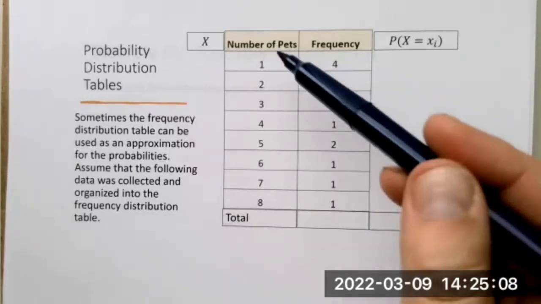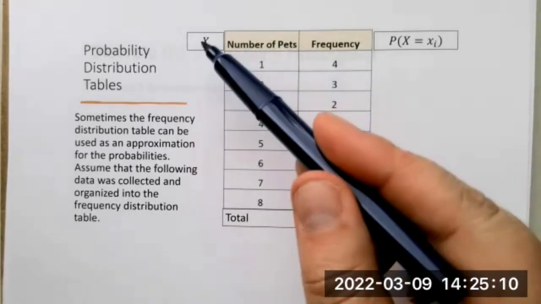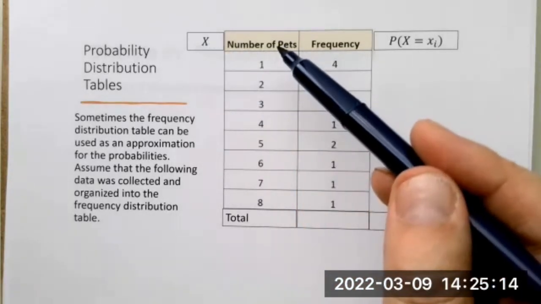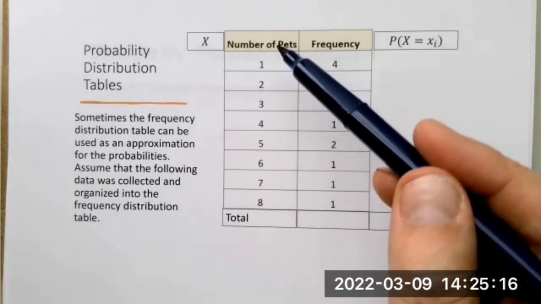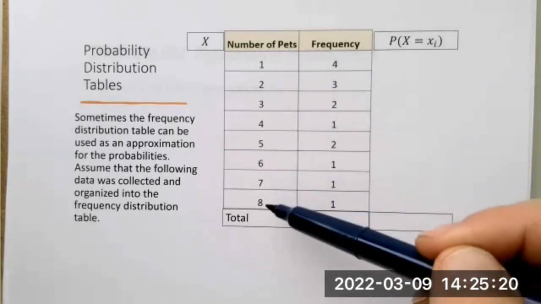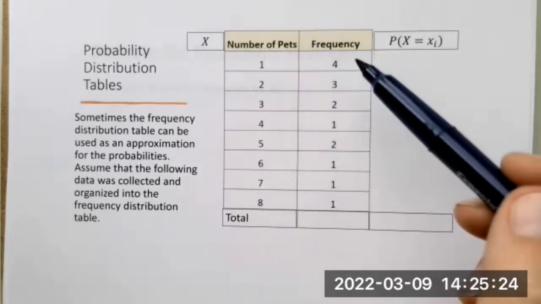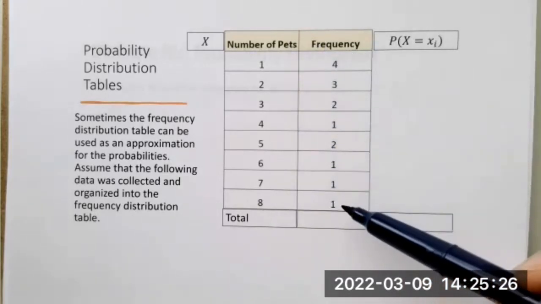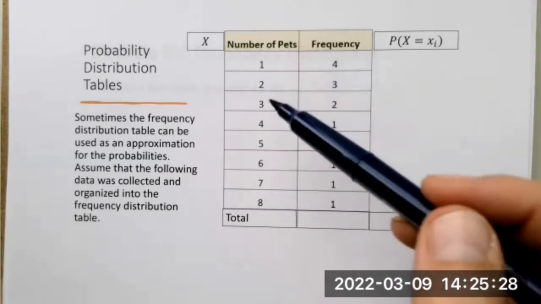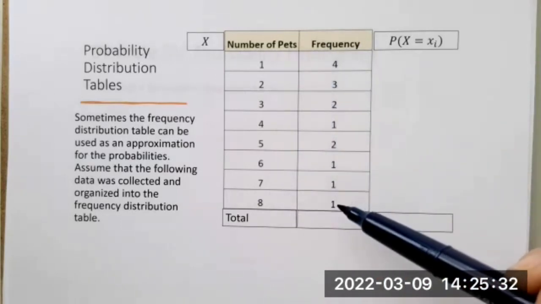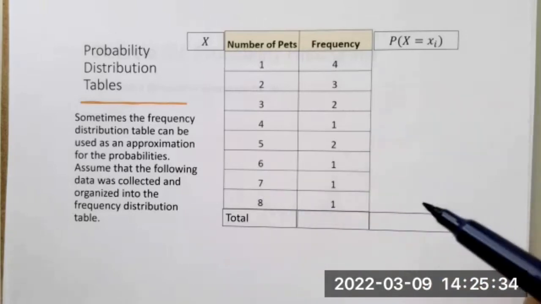Basically our first column, our random variable X, represents the number of pets a student has. Here's the number of pets, and here's the frequency. So we see that, for example, 4 people had 1 pet, only 1 person had 8 pets, and so forth.